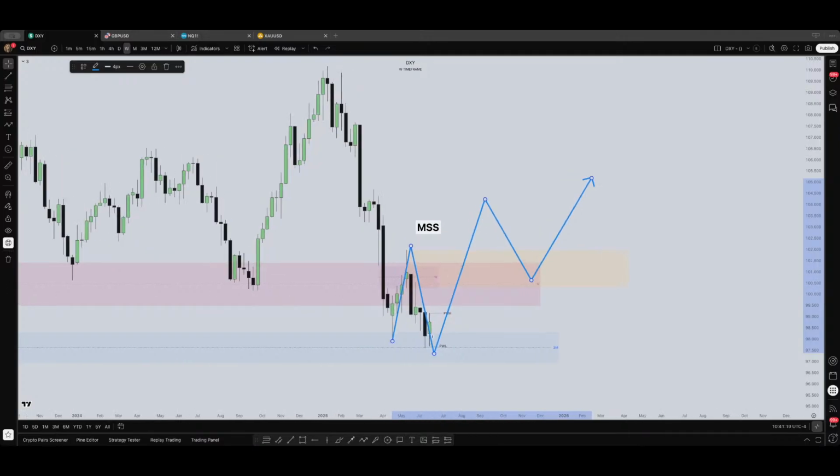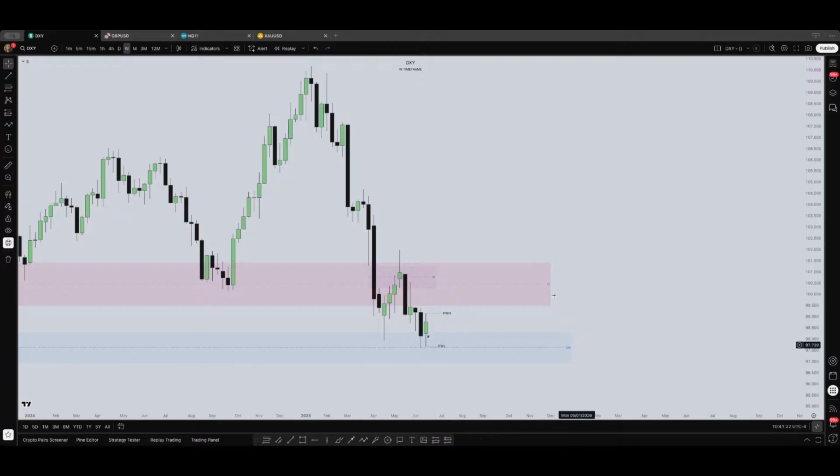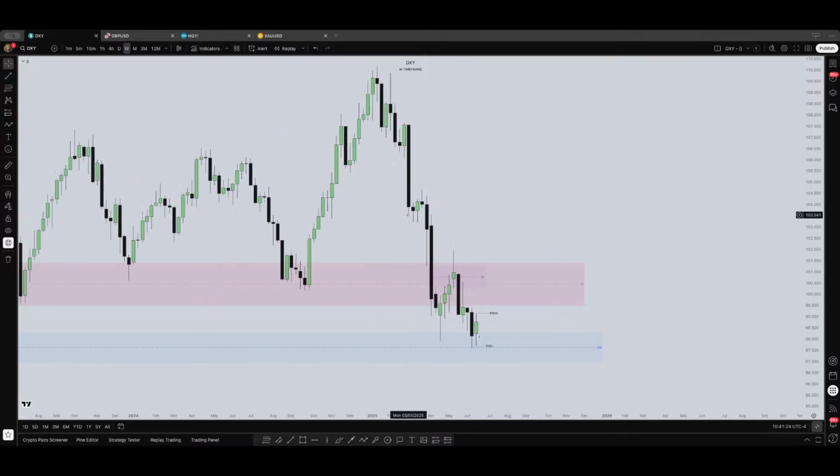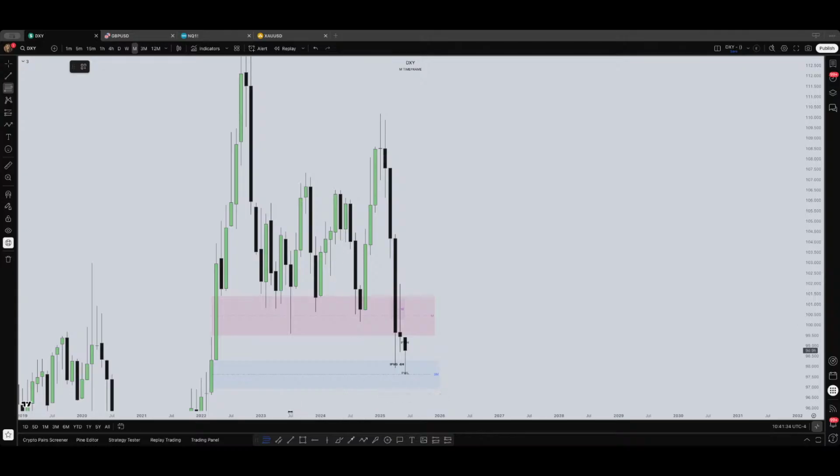Okay. So this is only theoretical analysis, but it really will be nice to see this happen. And if you go to monthly again, you can expect a retracement to this area, which is premium.